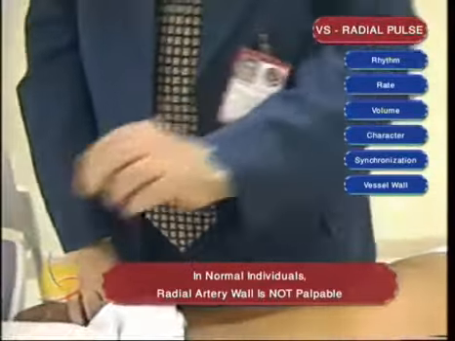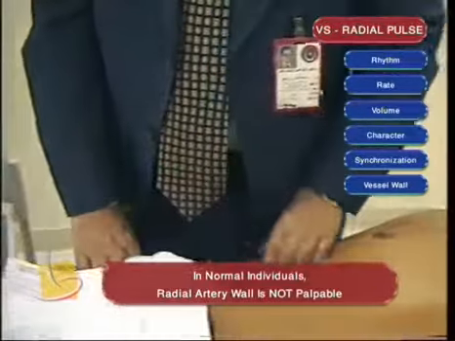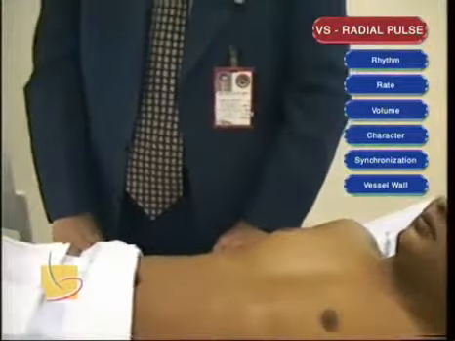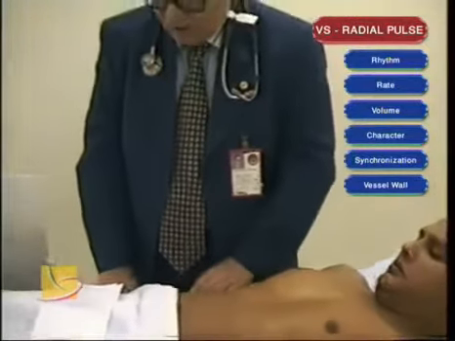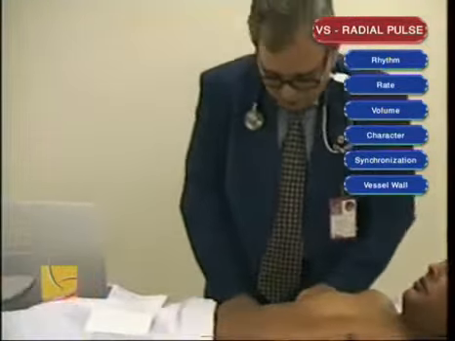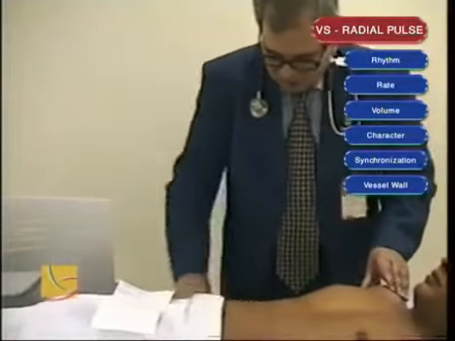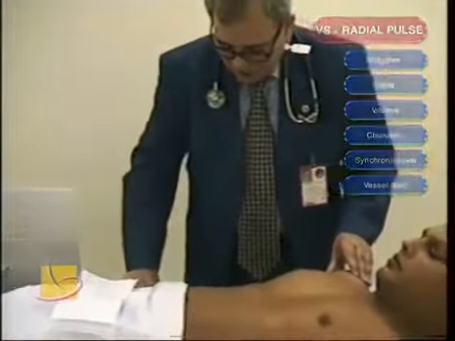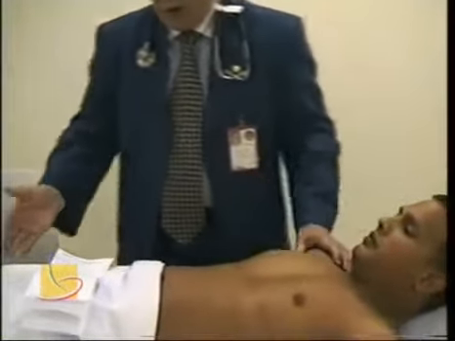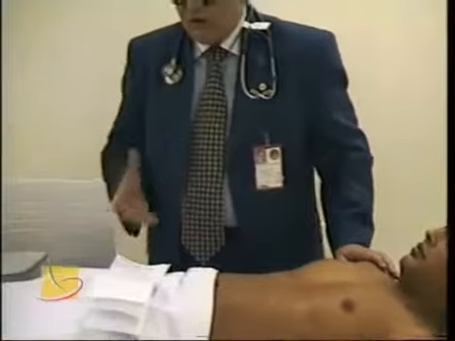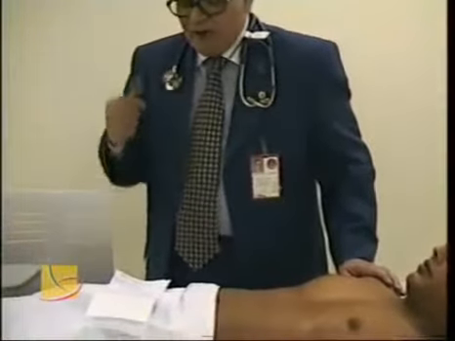But if the walls are felt like a cord, then we have to think of generalized atherosclerosis in this patient. So we start by the radial artery. Then we evaluate the brachial and the carotid artery, femoral arteries for these vessel walls, if we like, to evaluate for generalized atherosclerosis.